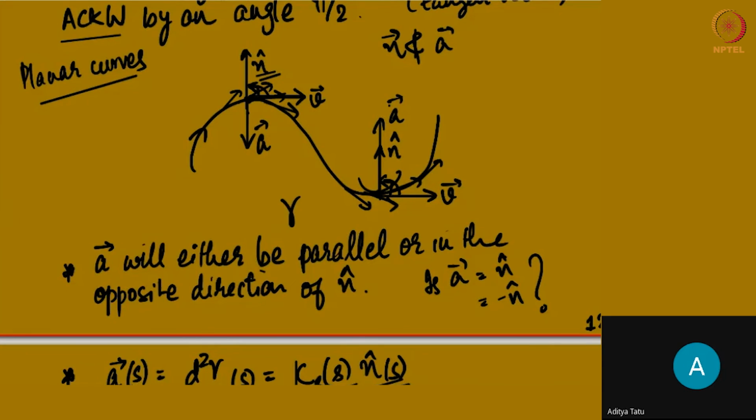So in this case, the acceleration and n cap align, so the curvature will be positive. Whereas in this case, since acceleration is in the opposite direction of n cap, my curvature would be negative.